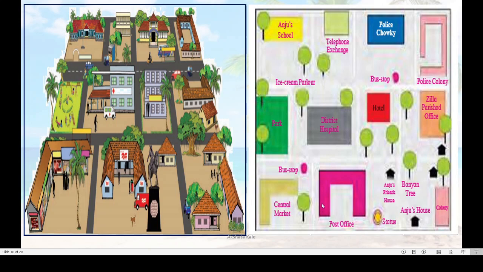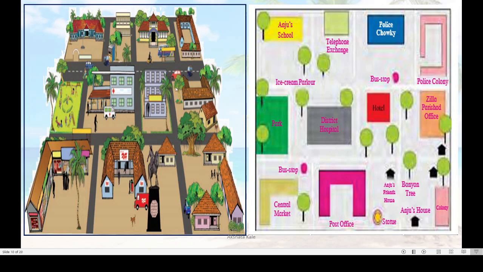Right? Here this is pink colored. What is there here? Yes, in this picture it is the post office. Right? Here also it is written post office. Correct? We have used this symbol and this color to show the post office. See this park here. This is a rectangular green colored symbol for the park. You can compare this sketch along with this picture.